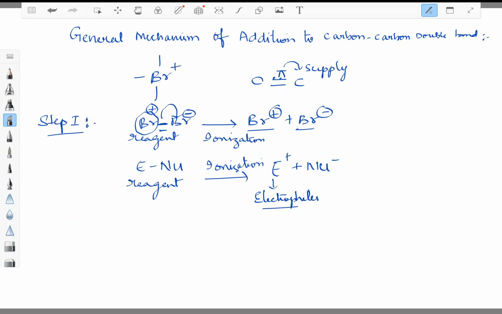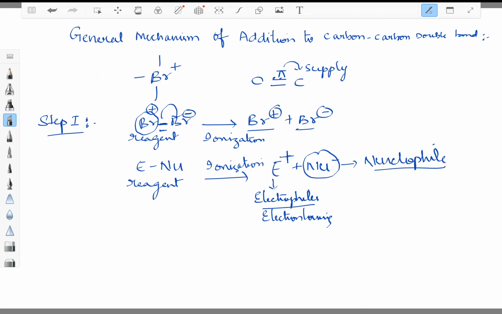Electrophiles are those species which are electron deficient. Because they are electron deficient, they have fewer electrons, and because they have fewer electrons, they have a positive charge. The name itself, electrophile, means electron loving, because they have fewer electrons. Nu minus I have deliberately written as Nu because it stands for nucleophile.